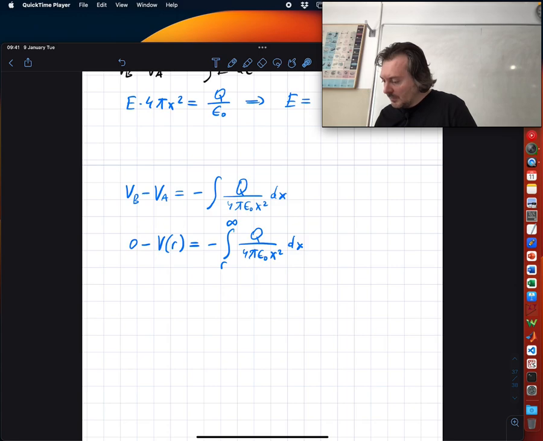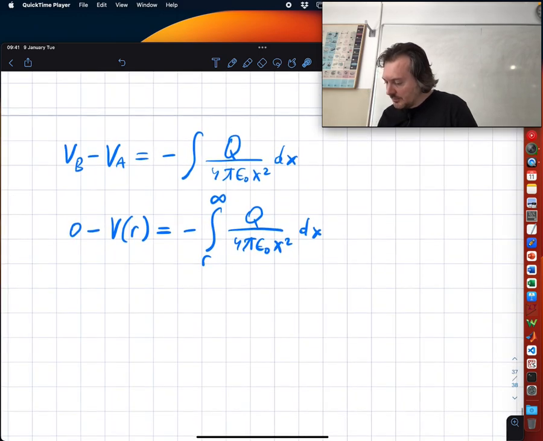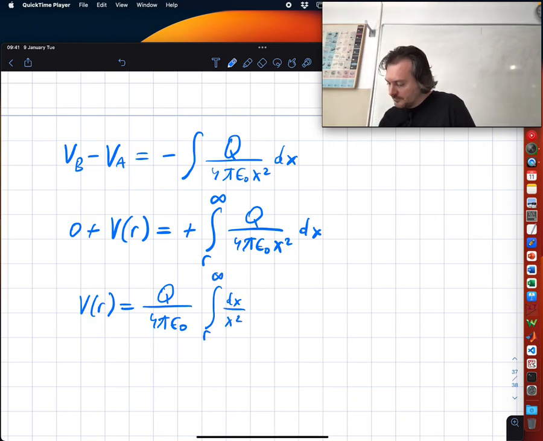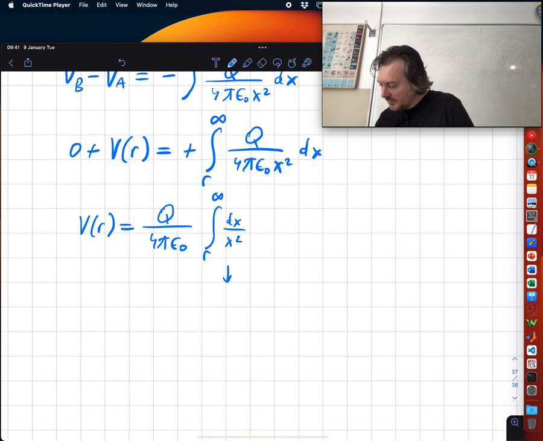Good. So let's take this integral and let's be careful with the plus and minus signs. So first of all, I would like to just say that this is going to be plus, like this. So V(R) is this integral, q over 4 pi epsilon 0, dx over x squared, from r to infinity. This is basically, let's take the integral already, minus 1 over x, evaluated at infinity and r. Do you agree?